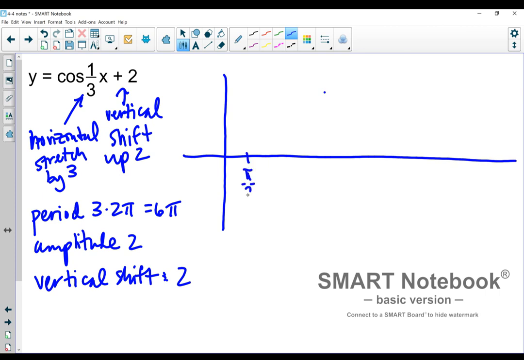So pi over 2, pi, and I don't know if I'm actually going to be able to fit 2 periods of this one in because 6 pi is a really big period. We'll have to kind of jam this in. Pi over 2, pi, 3 pi over 2, 2 pi, 5 pi over 2, 3 pi, 7 pi over 2, 4 pi.